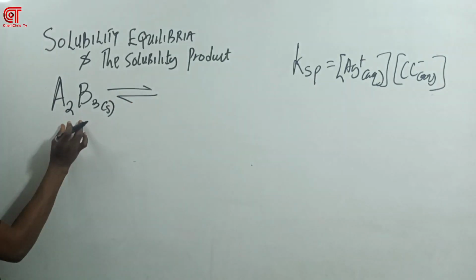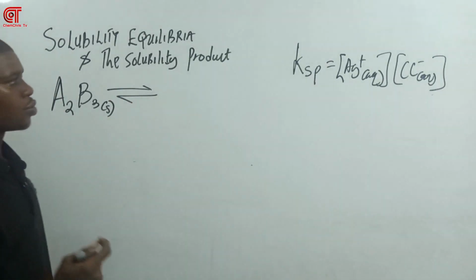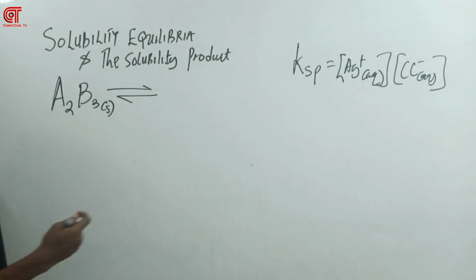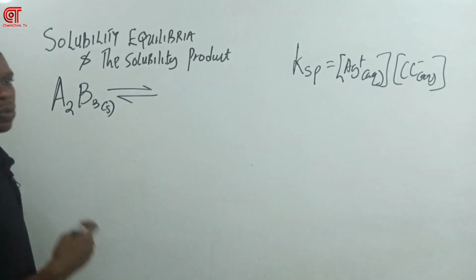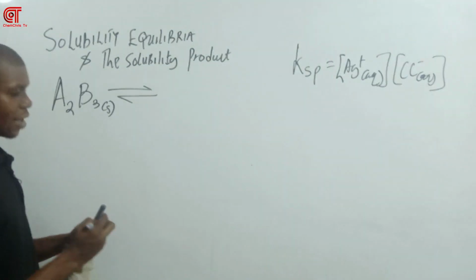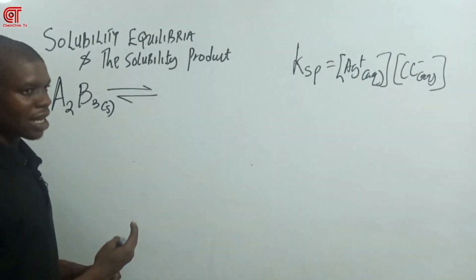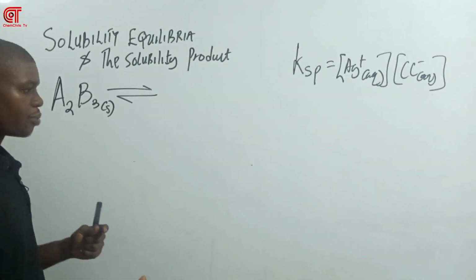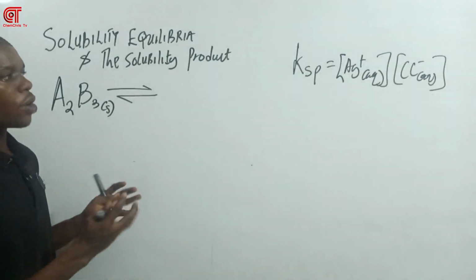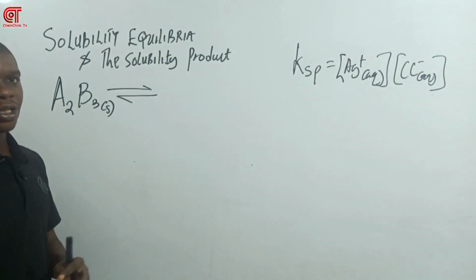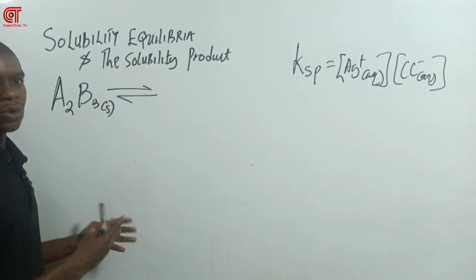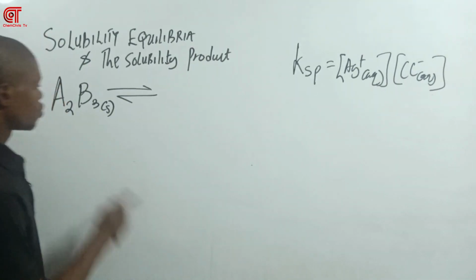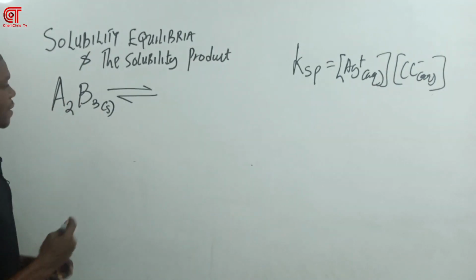First, you must understand that if you're talking about solubility, I should talk about salt, and salt is always an ionic compound. An ionic compound is a combination of a metal and a non-metal. What makes a compound ionic is when it has both a metal and a non-metal.